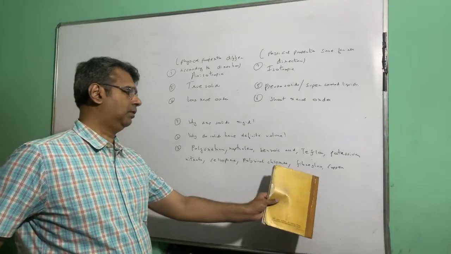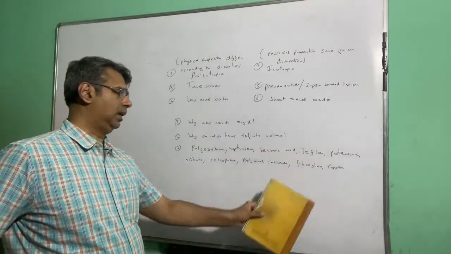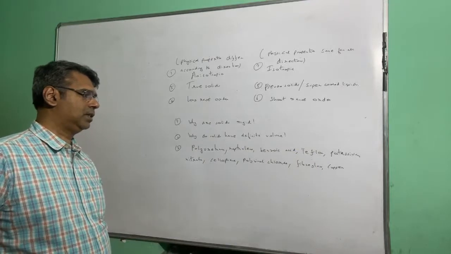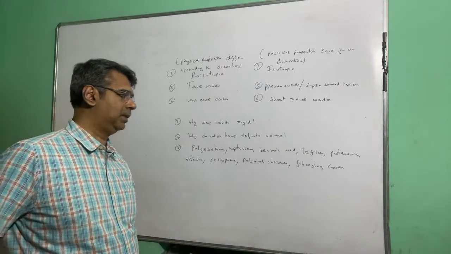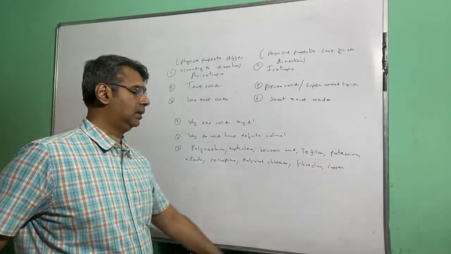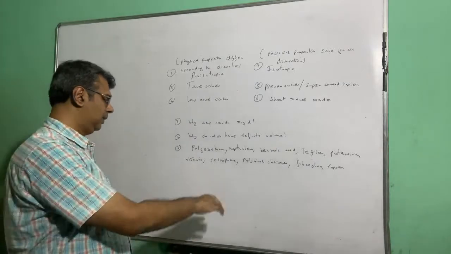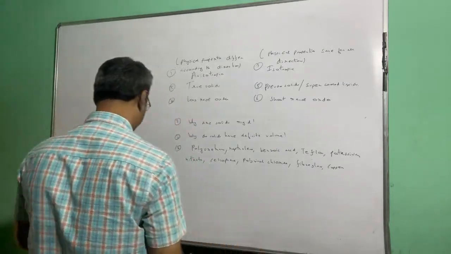For example, fiberglass, then Teflon. These are all polymer, plastic based, so they will all be amorphous. Copper is a metal, so copper will be in the form of crystal. Keep this in mind while answering question number 3.